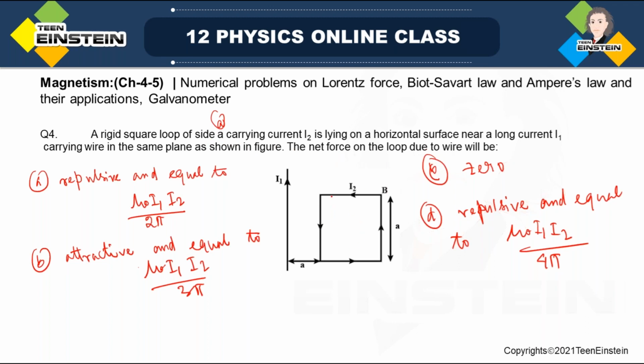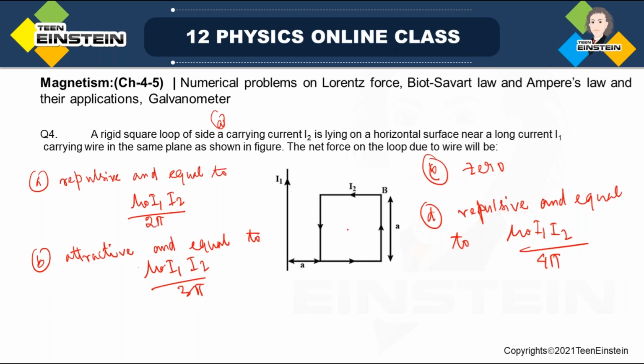Each side of the square loop is carrying current I2, and it is lying on a horizontal surface near a long current carrying wire, which is carrying current I1 in the same plane as shown in the figure. You can just think that this coil is just lying on the table, horizontal table, and this wire also is lying on the table, but they are separated by distance a from this first side, this side.